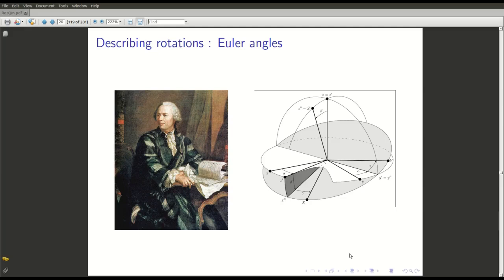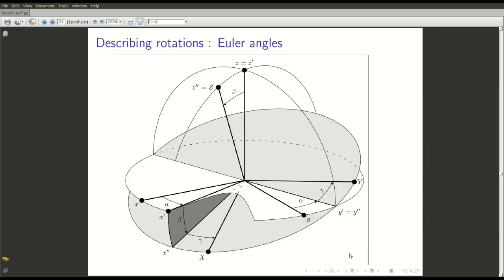So let me just try to show you the picture of this in close-up. So here you have the original frame, the original x-axis, y-axis, and z-axis, which is vertical here. This was your original coordinate frame, and when you rotate your coordinate system, the frame ultimately becomes capital X, capital Y, and capital Z. So how did Euler go about doing this?